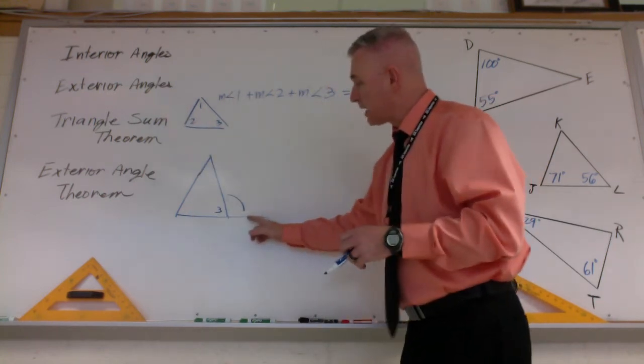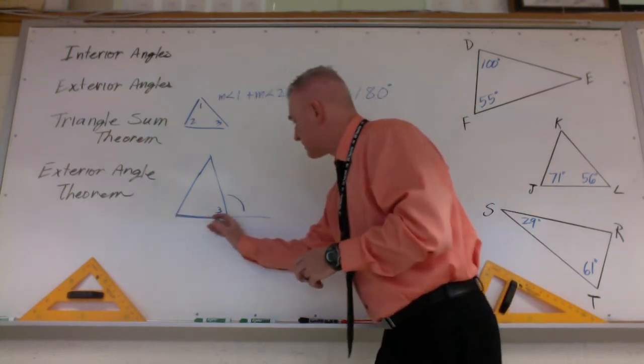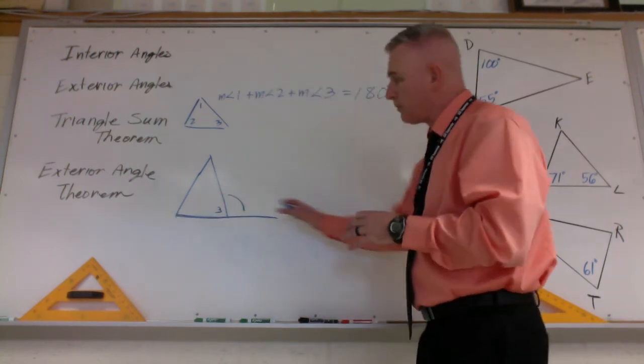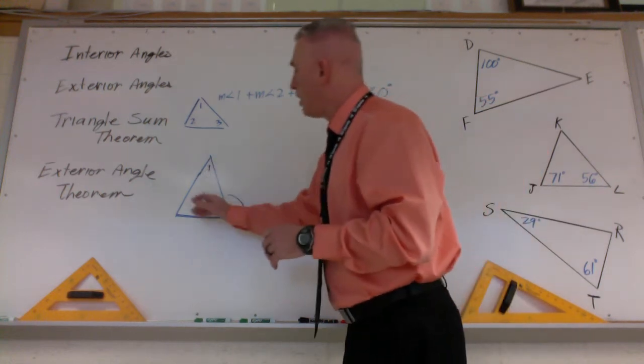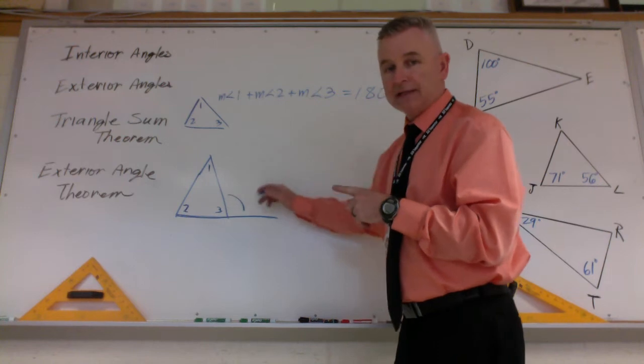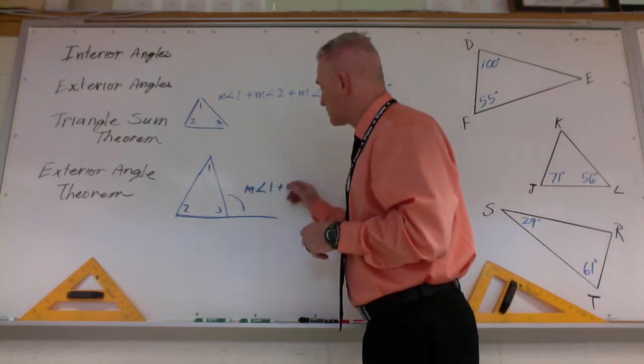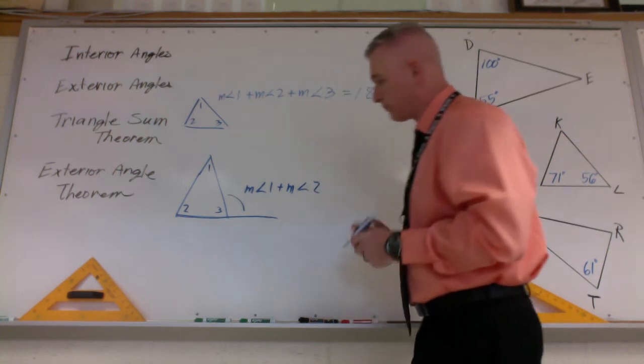If we extend this line out from the triangle, and we have 1 and 2 and 3, then this section out here is actually equal to the measure of angle 1 plus the measure of angle 2.